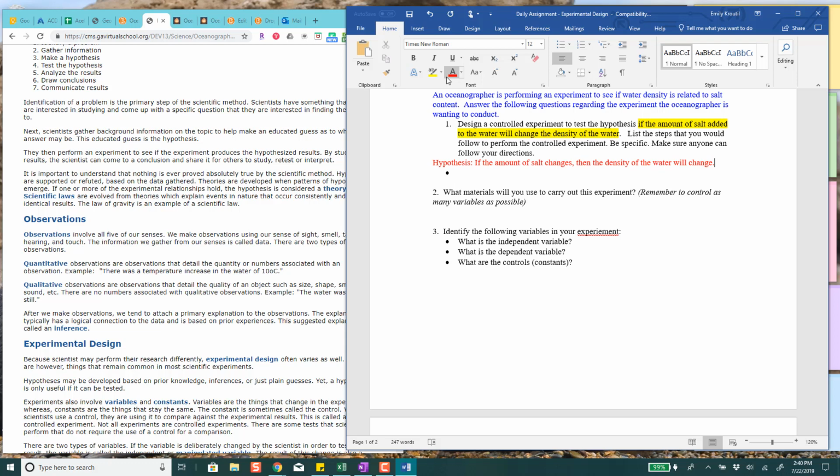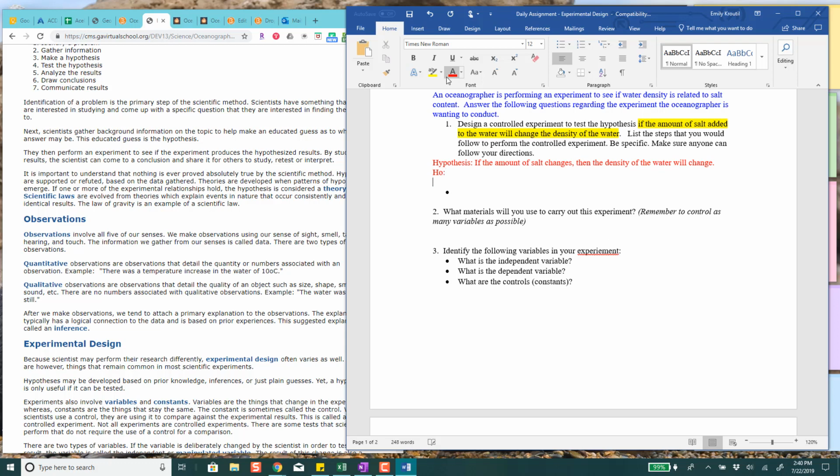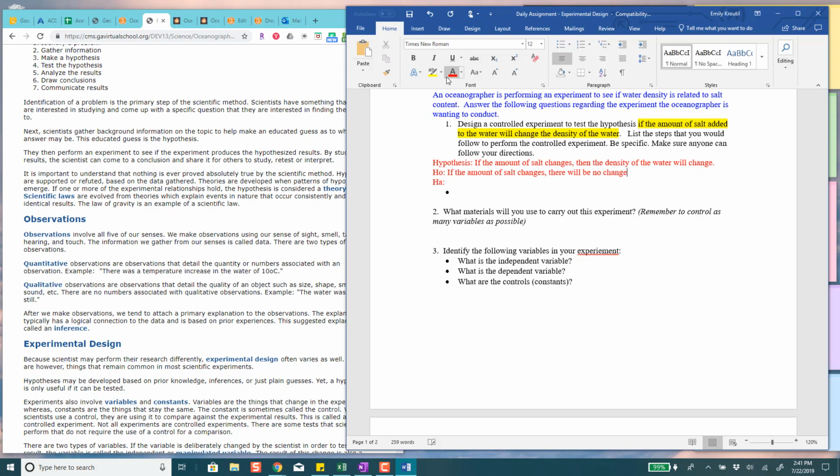If you're really good at statistics, you can write a null hypothesis and an alternative hypothesis. So the null is always: if the amount of salt changes, there will be no change in density. And then your alternative would be: if the amount of salt changes, then the density of the water will change.